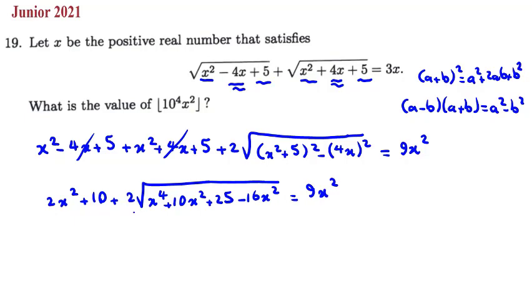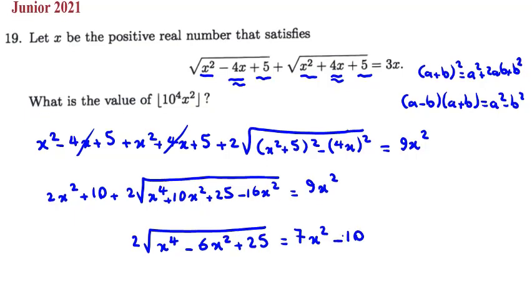Okay, now here we take everything except the square root to the right hand side. So let's consider at first the square root. It will be the square root of x to the 4, 10x squared minus 16x squared, which is negative 6x squared, plus 25, equal to 9x squared minus 2x squared, 7x squared, plus 10, take it to the right hand side, will be negative 10.